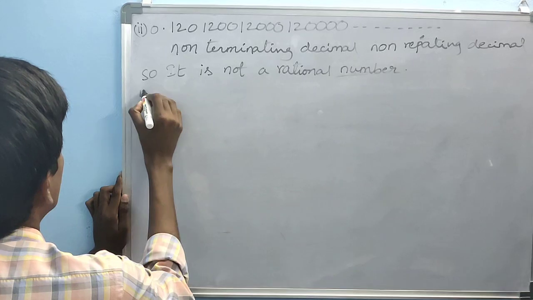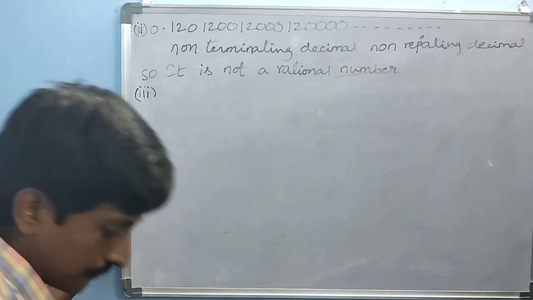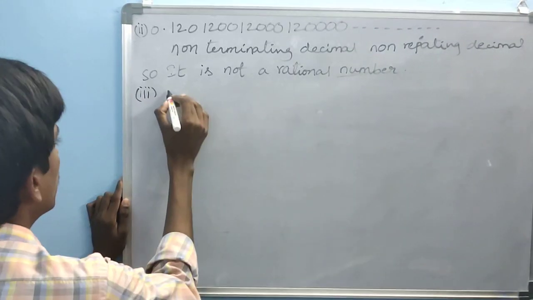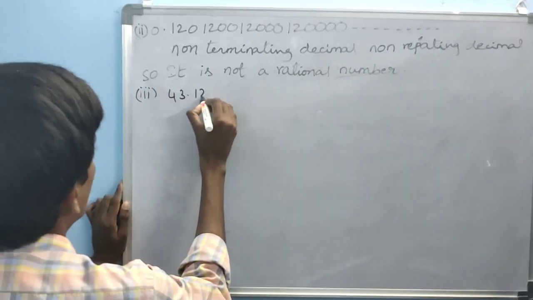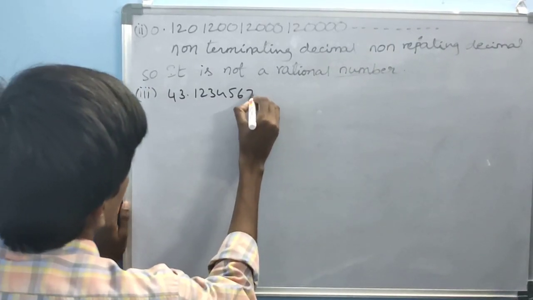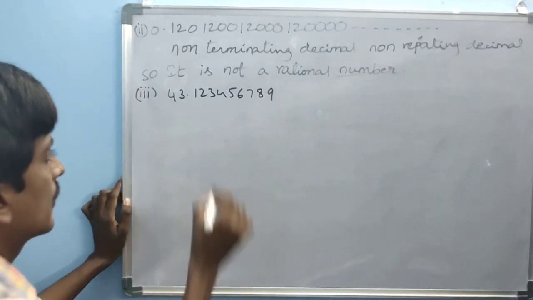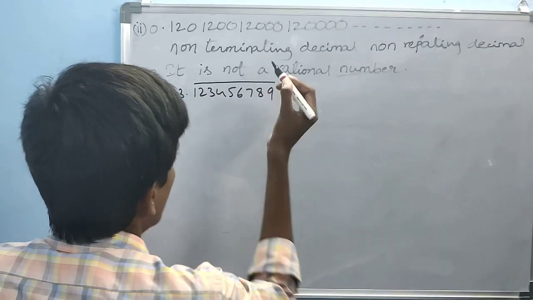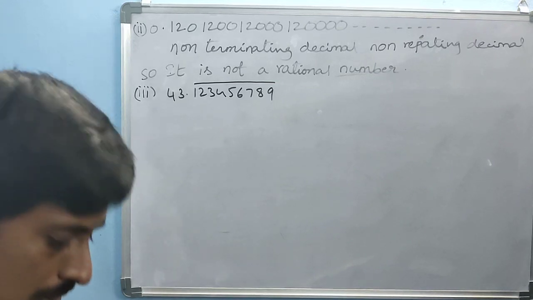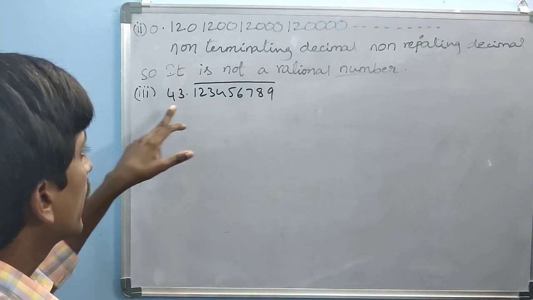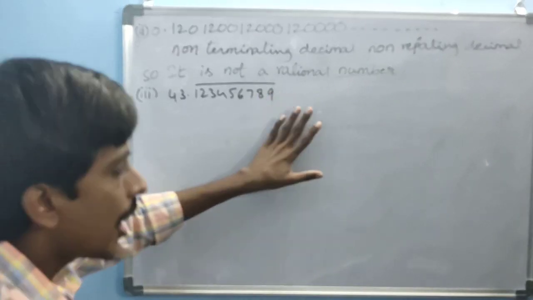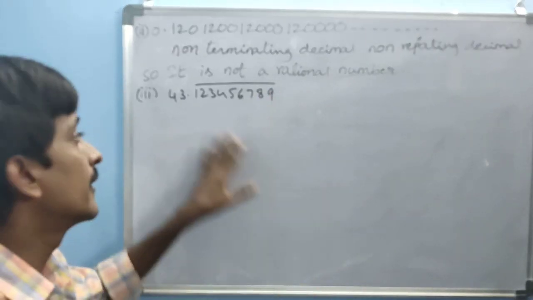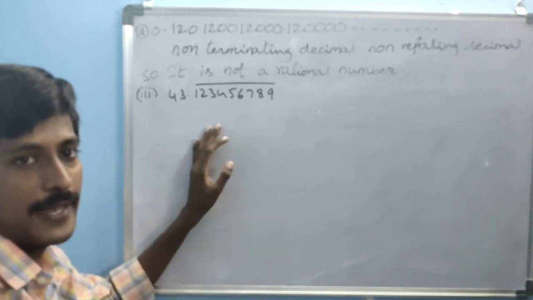Now third one, 43.123456789. Here a bar is given. A bar means it is non-terminating; it cannot end, and this number is repeating again and again.